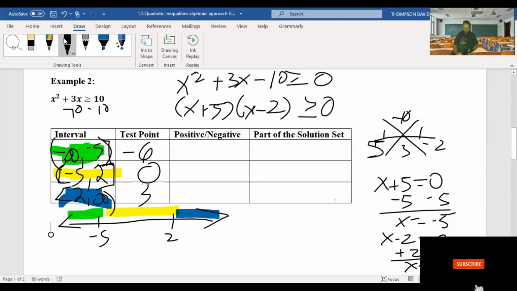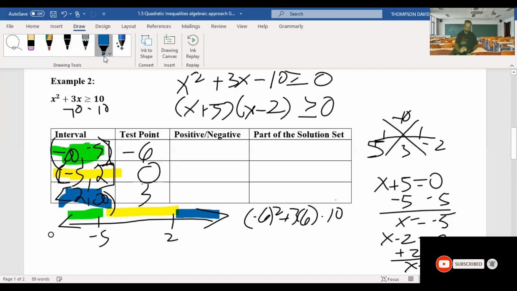So let's check the first one. We'll do negative 6 squared plus 3 times negative 6 minus 10. Plug it in the calculator and see what you come up with.